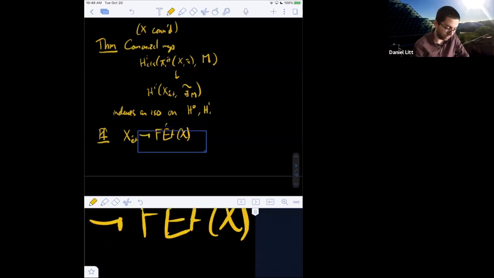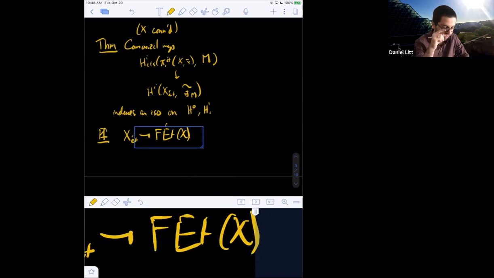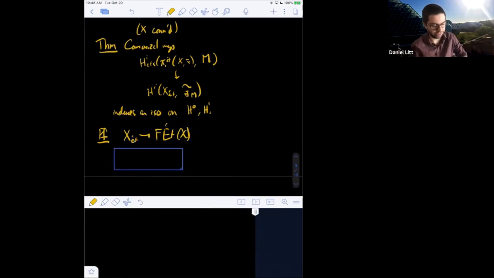Inclusion. Yeah, it's just inclusion. So it's a functor going the other way. A finite étale morphism is an étale morphism.